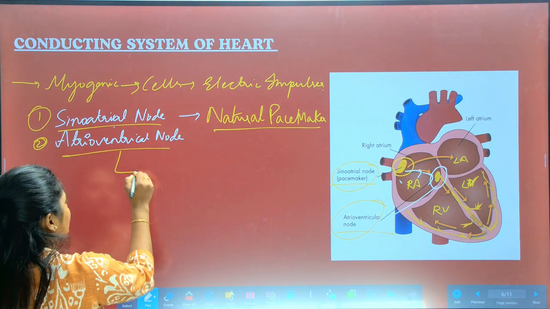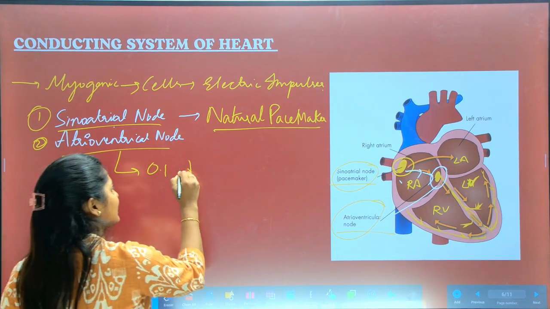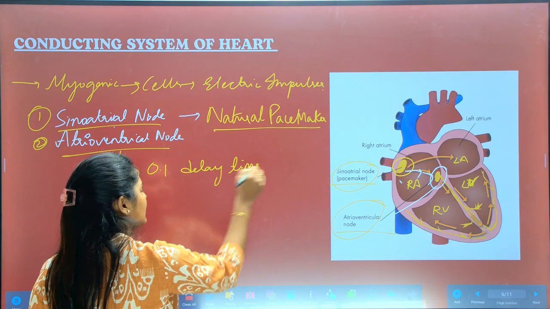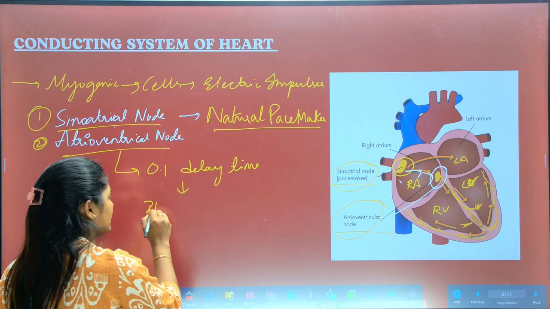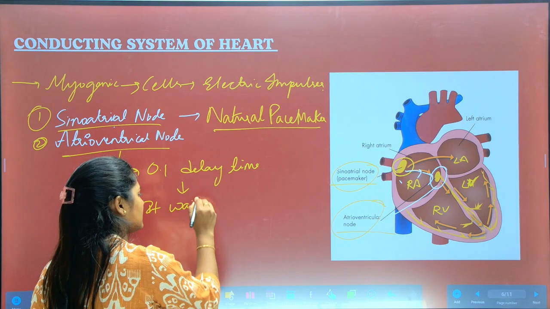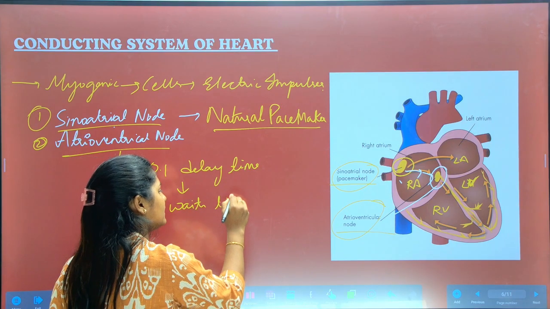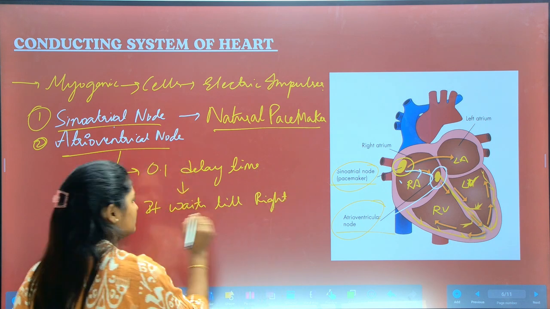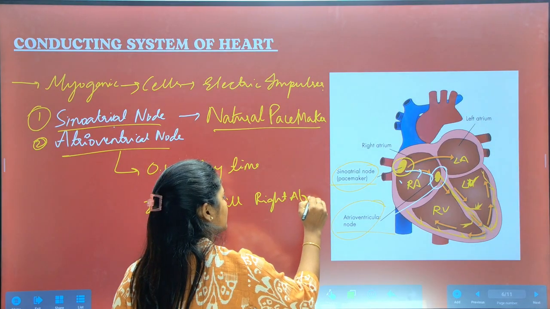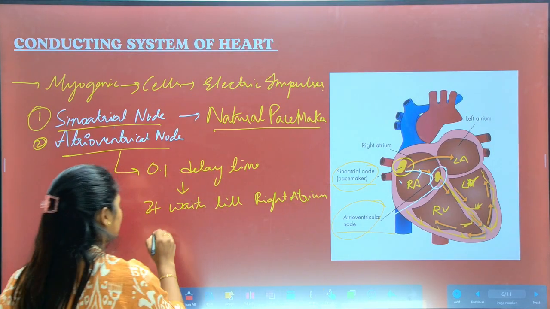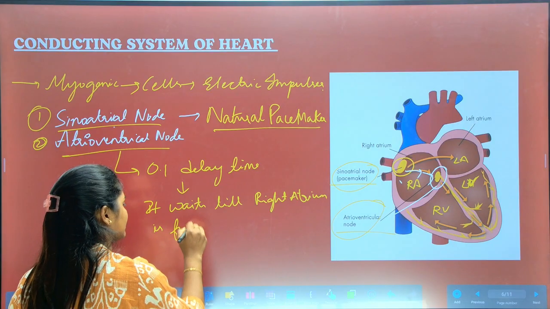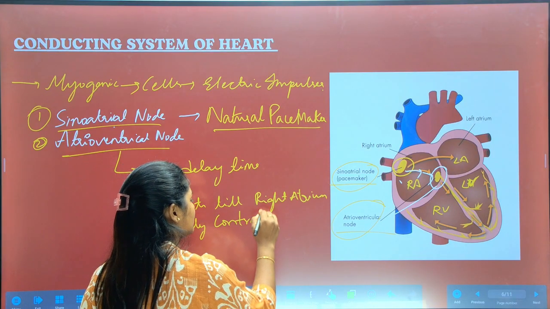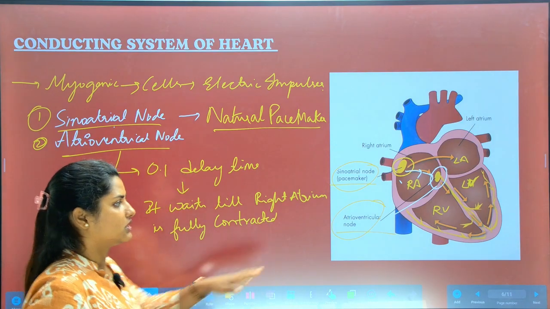It will give a 0.1 second delay, because it waits till the right atrium is fully contracted. So there should not be any blood left in the right atrium.